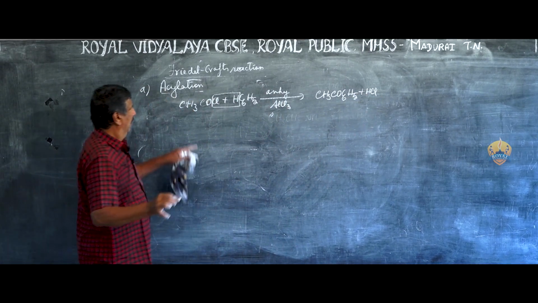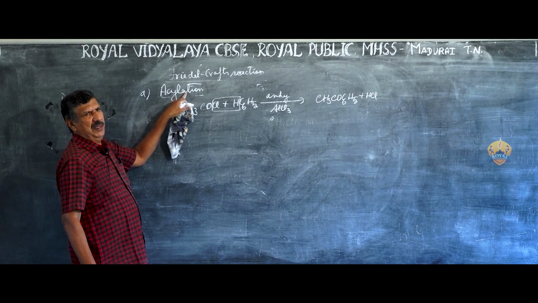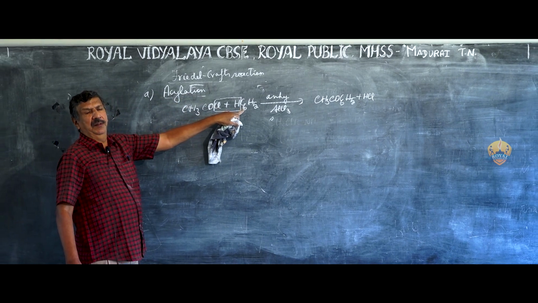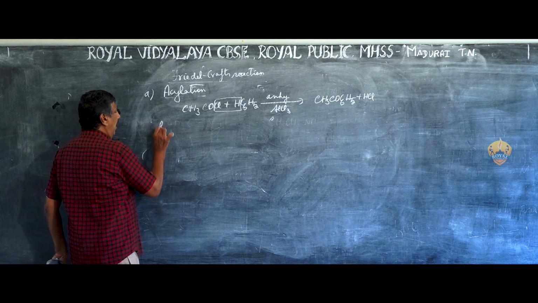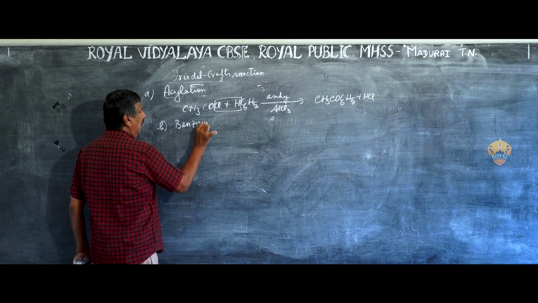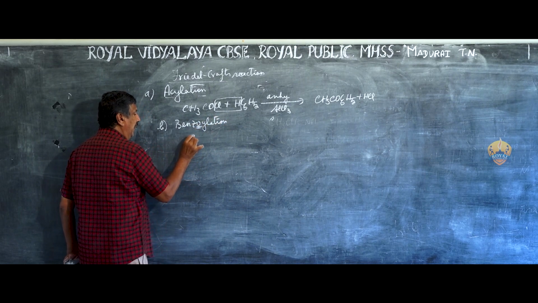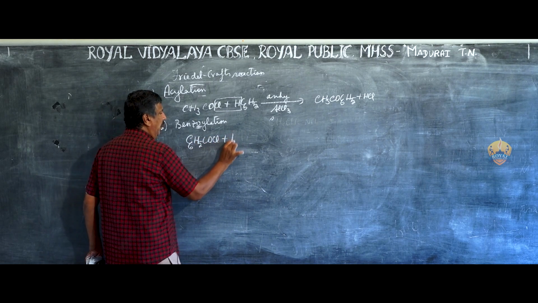You see, when you use acetyl chloride, the reaction is called acylation, and we are using benzene to form acetophenone. If somebody asks you benzoylation, it is not benzyl, then you should go for benzoyl chloride with benzene.